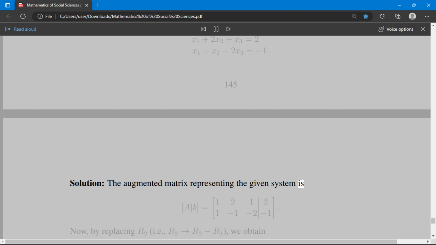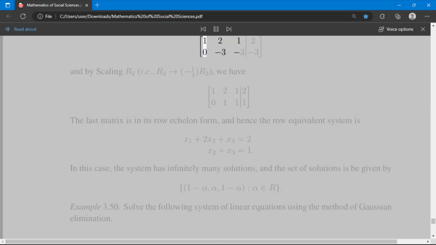Solution: the augmented matrix representing the given system is AB equals [1 2 1 | 1; 2 2 1 | ...]. Now, by replacing R2, i.e., R2 rightward arrow R2 minus R1, we obtain a new matrix.